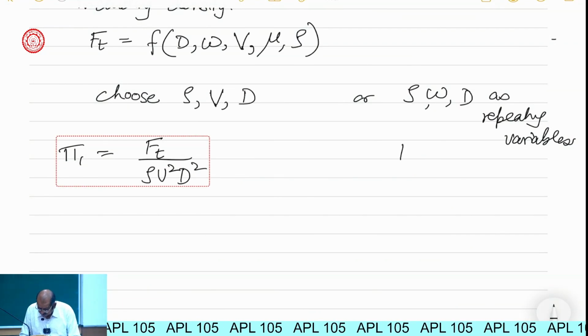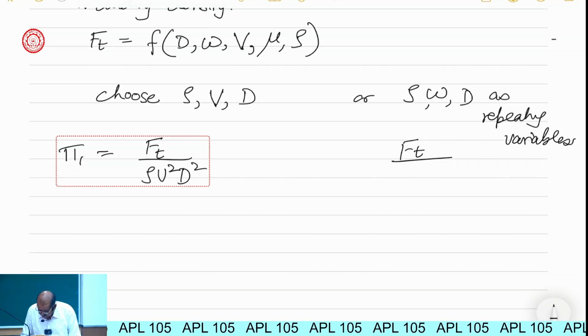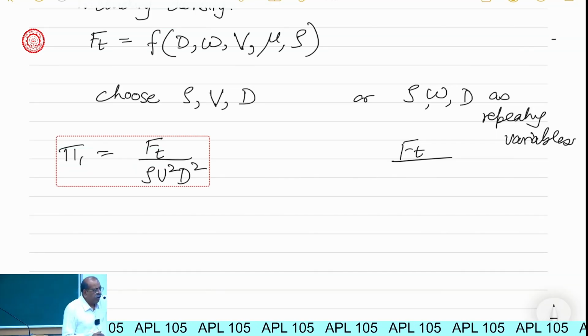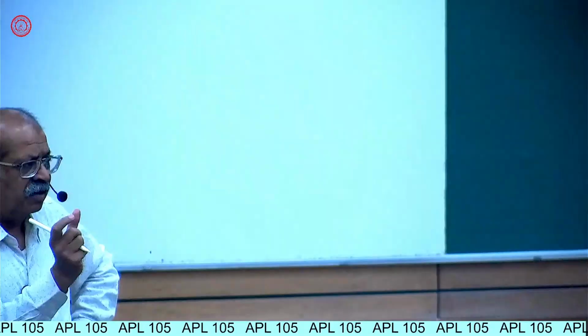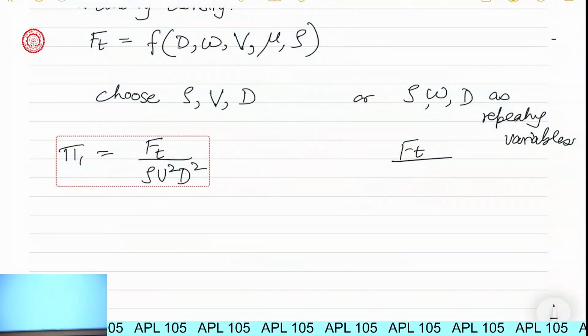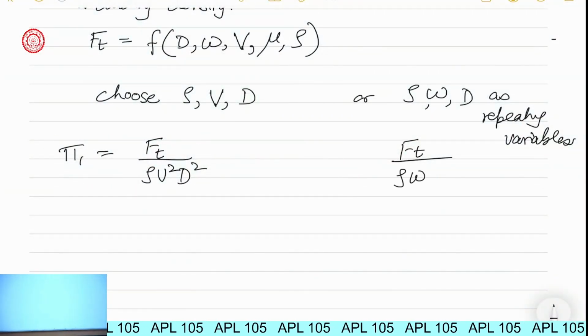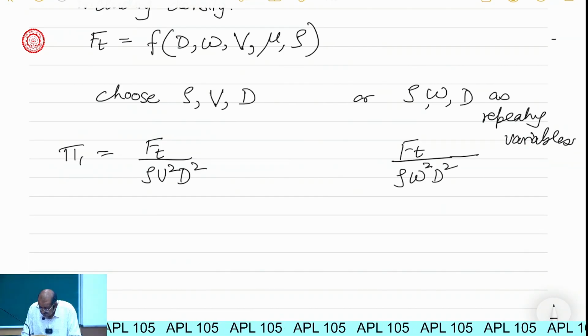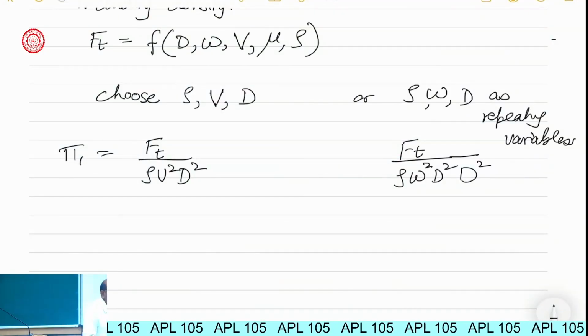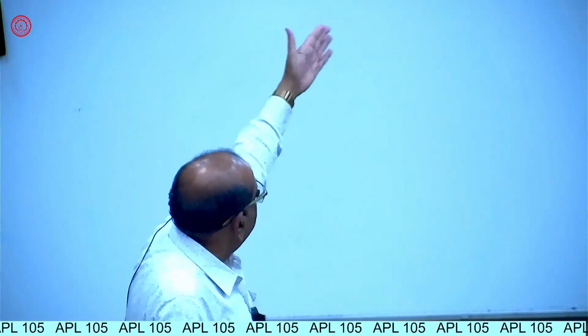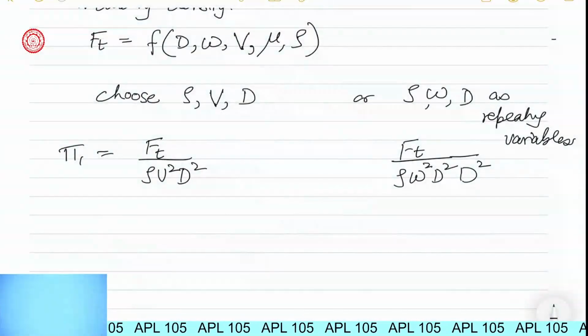If suppose I'm using rho omega D, then also keep in mind omega times D is velocity. So therefore, then what you will do is rho omega square D square times another D square. So just do things like this to make life simple. So either this will be pi 1 or this will be pi 1.